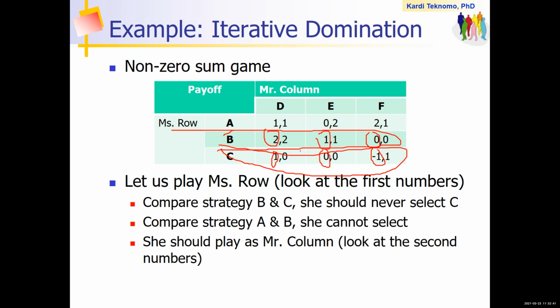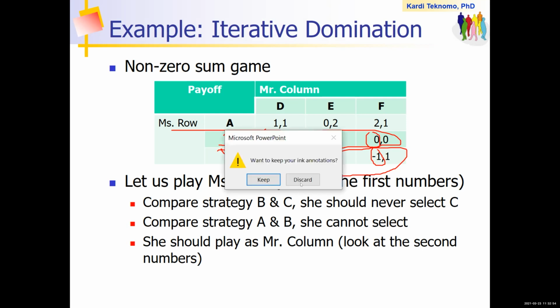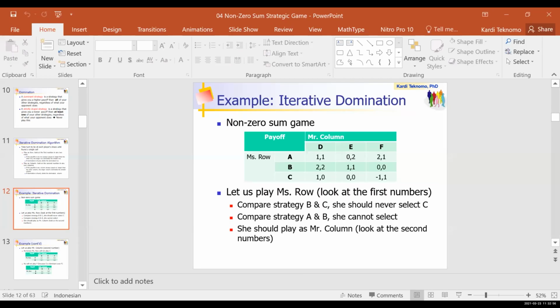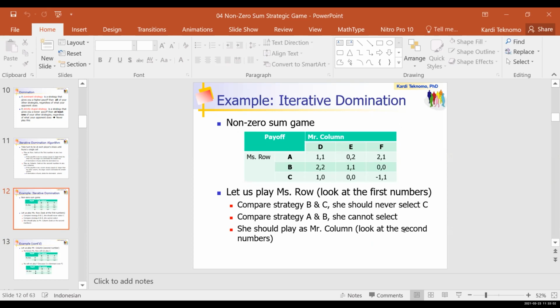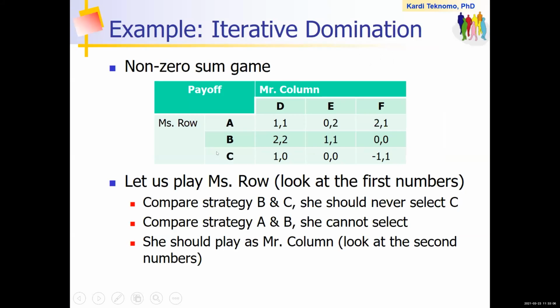In that case, C is dominated. B is dominant, correct? So in that case, C is a stupid strategy. Don't do this. So what happened is you never use it, delete C. Okay, so you delete strategy C.